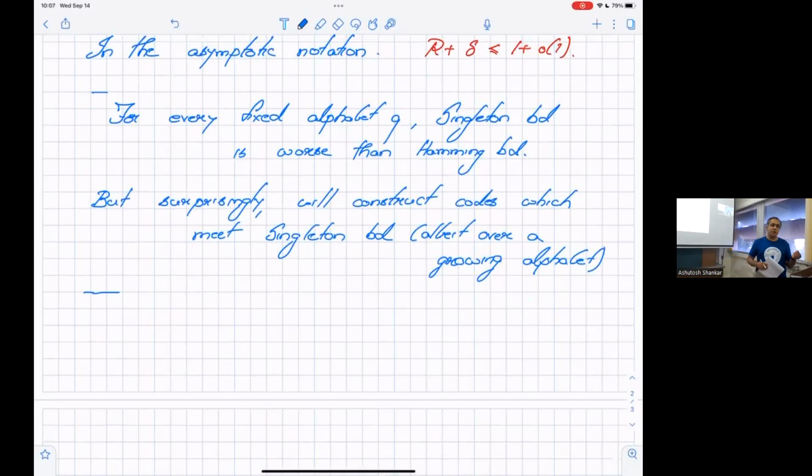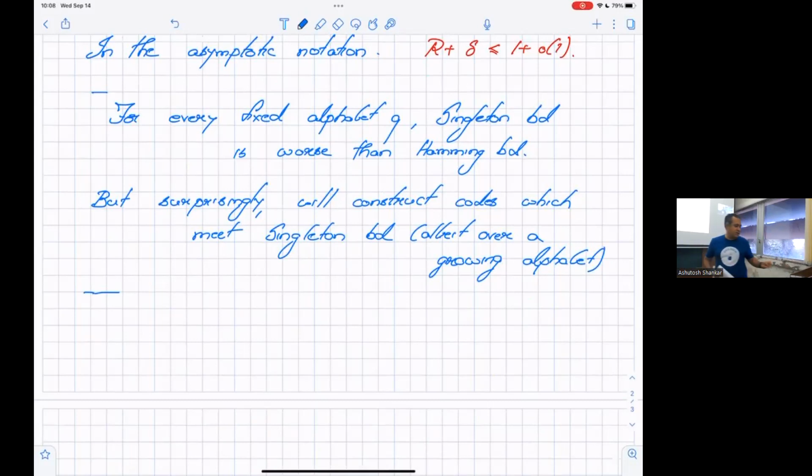You are asking as delta goes to what? As q grows would include the H_q. So this I don't know. Is what you're saying when you say that the Hamming bound has to go to the straight line? I don't know if these asymptotics work. You are changing the order of quantifiers here. So I don't know how it works.